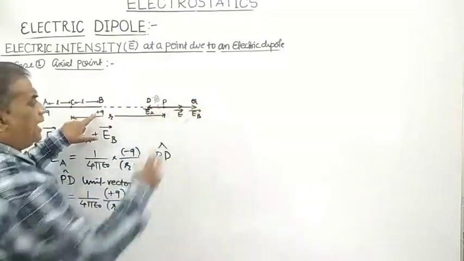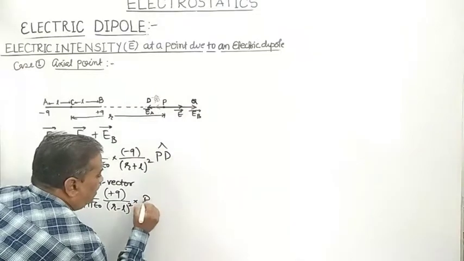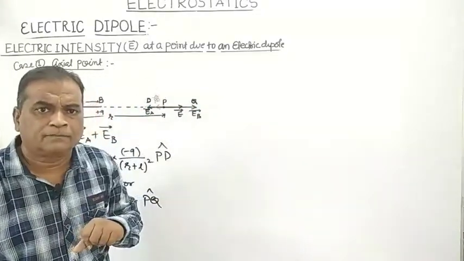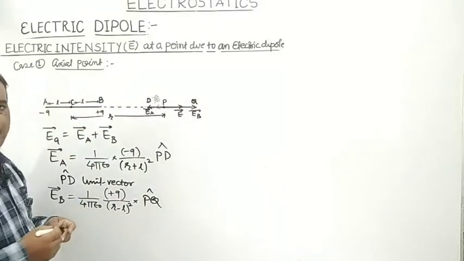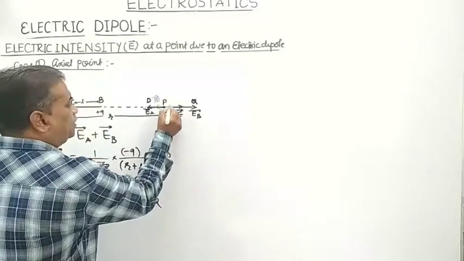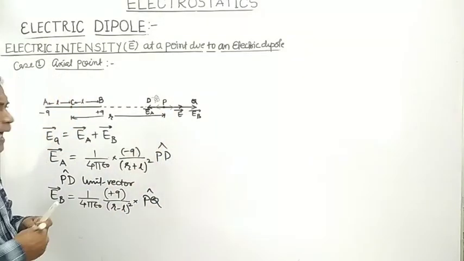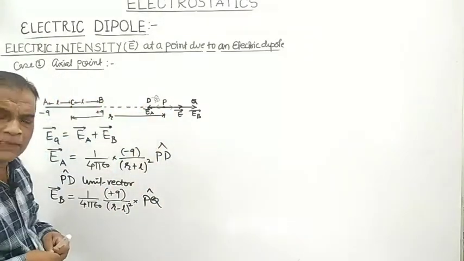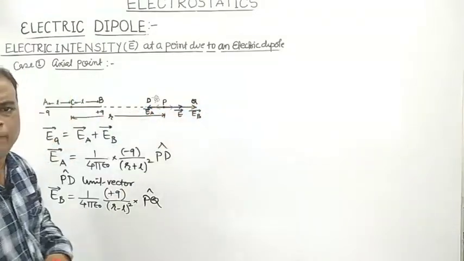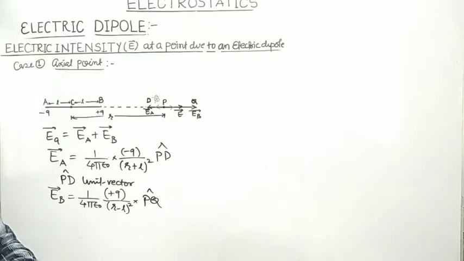This EB will act along the direction of arrow PQ. So, PQ cap is a unit vector, which acts along the axis of the dipole and is directed from point P towards point Q.